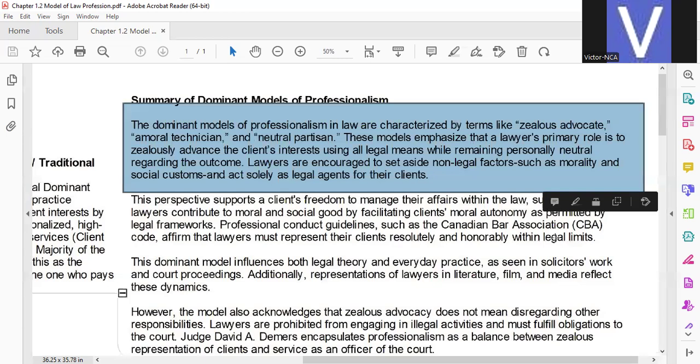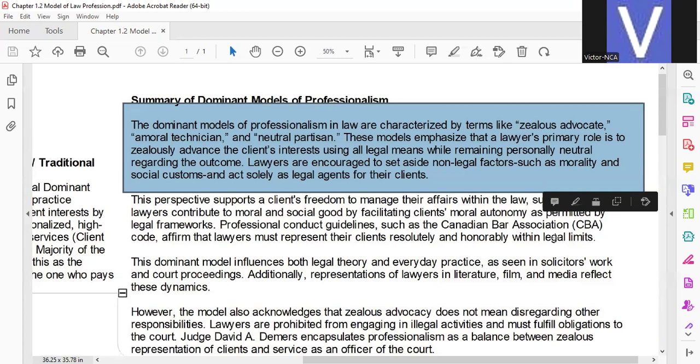This model emphasizes that a lawyer's primary role is to zealously advance the client's interest, and this is done by using all legal means while remaining personally neutral regarding the outcome.